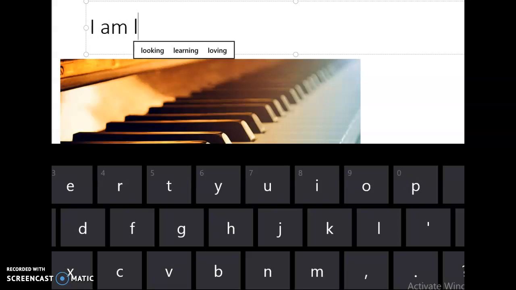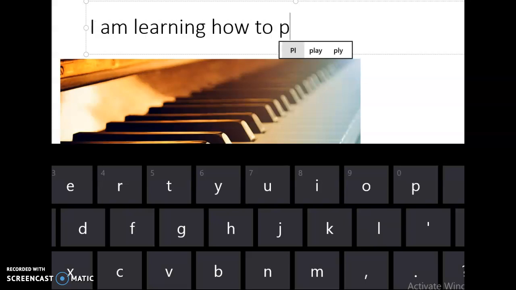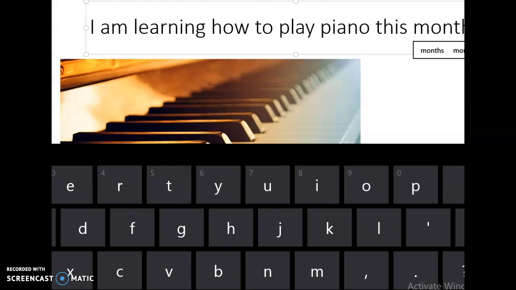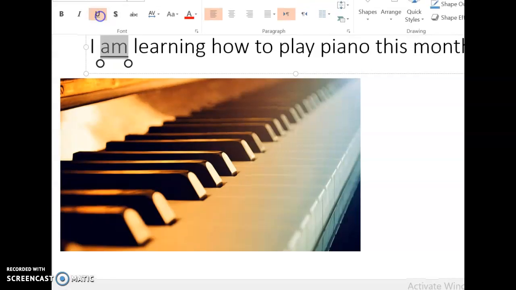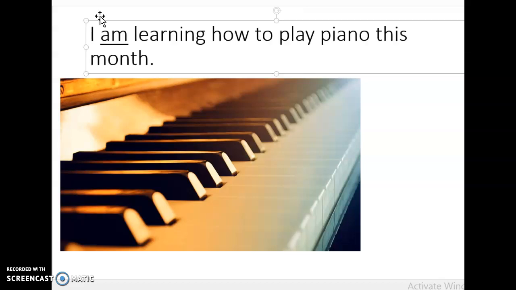I am learning how to play piano this month. Okay? So, and because we have I, we add am. So with singular, we add is. With I, we add am. And because it's happening in this period of time, during this time, I can use present continuous.